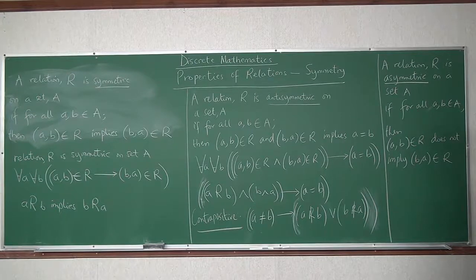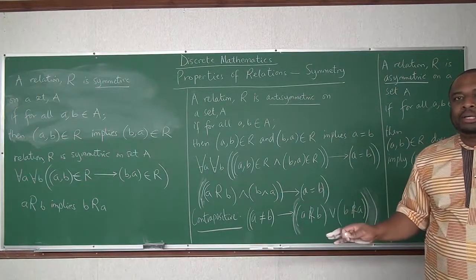That is asymmetric. Whenever you have (1, 2), you don't have (2, 1).